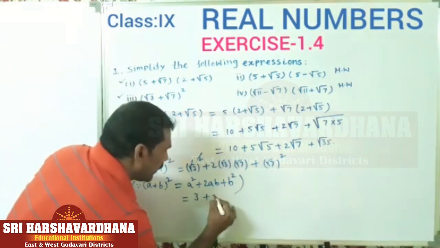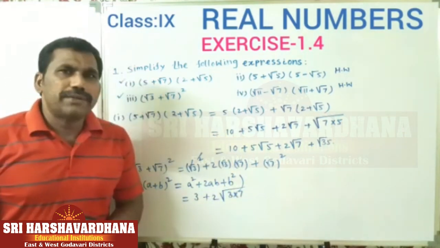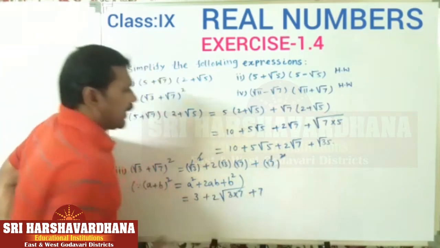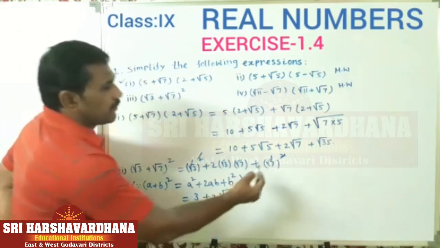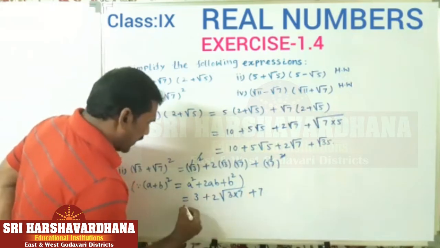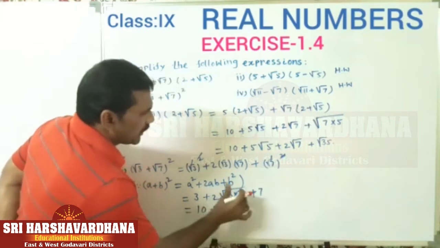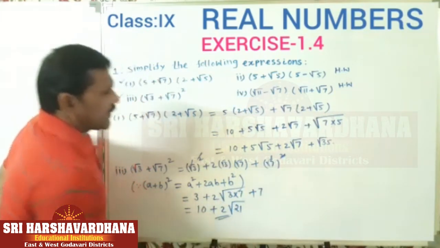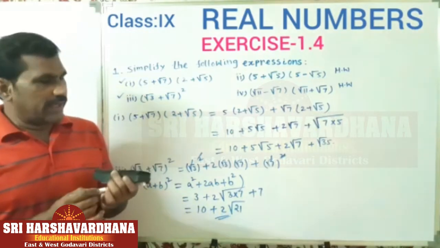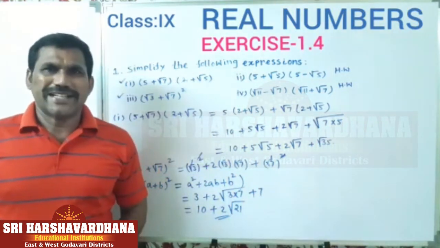So that's why we multiply directly those numbers. 2 root of 3 into 7 plus square and root will be cancelled. Okay, so root 7 whole square means 7. See here, 3 plus 7 equal to how much? 10 plus 2 into 3 sevens are 21. Like that we have to solve the problem. Okay, so write down in your notebook and do the second and fourth problem as homework. Okay, children? Right.